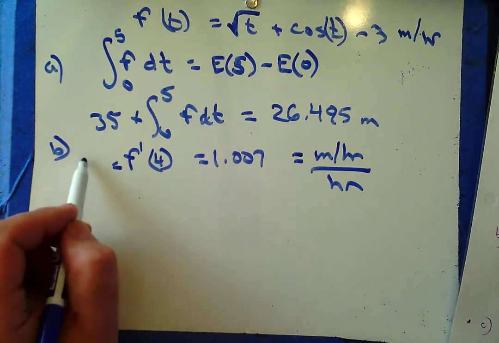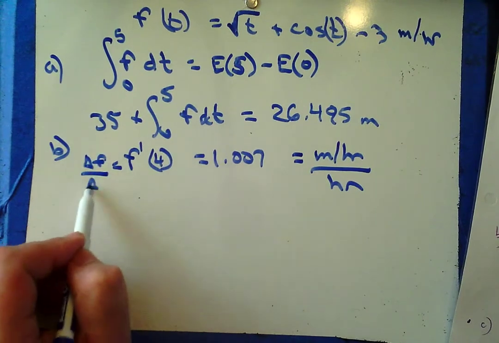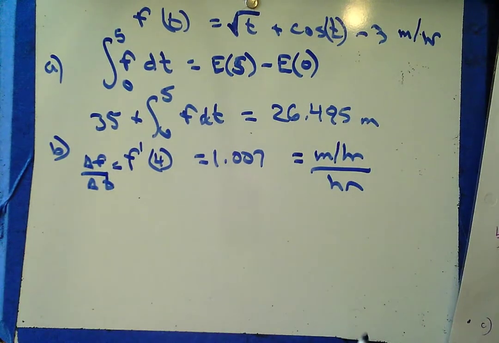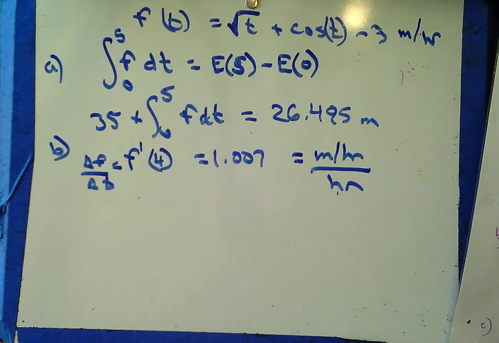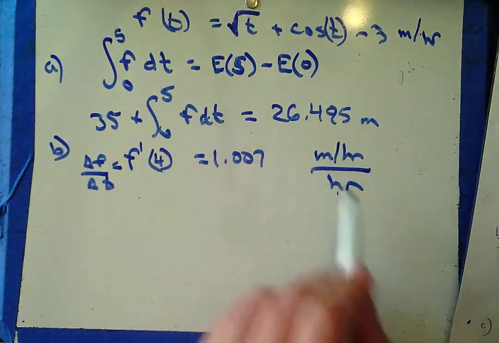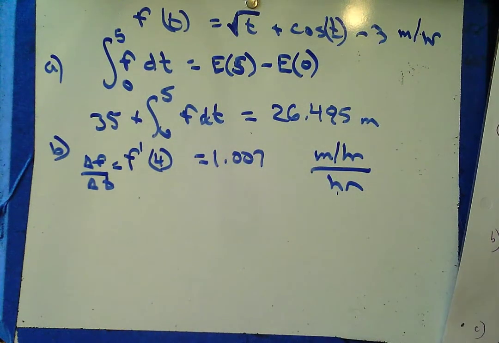Because this is a change in f over a change in time. So meters per hour is what I would be getting here. In fact, I could just slide that next to that. And what do they ask? What does this mean?